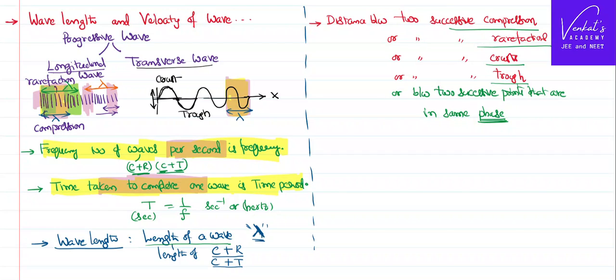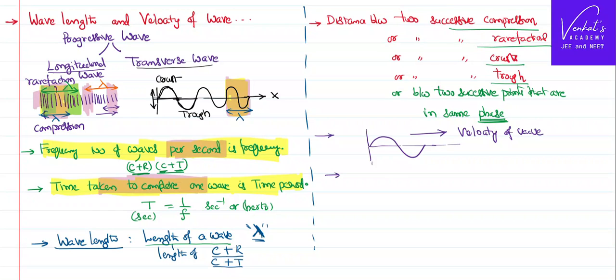That's wavelength. So let us consider a wave in motion, something like this. It is traveling like this. The wave has a certain velocity. That's called the velocity of the wave, right?